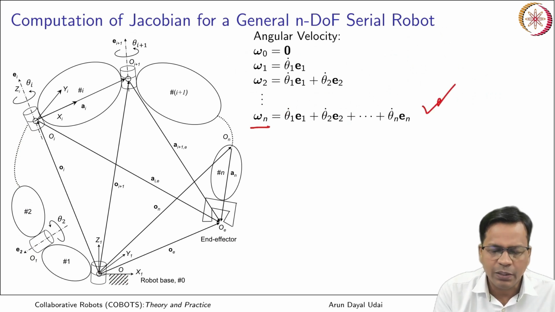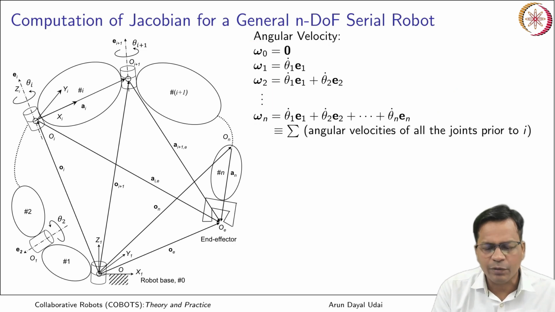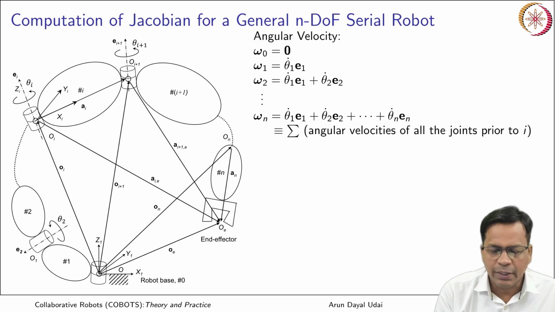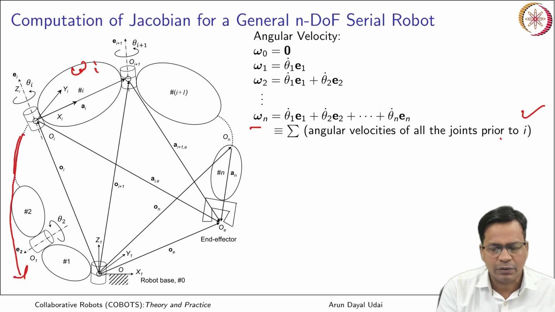So this is quite trivial for angular velocity case. For linear velocity, what you see here is angular velocity at the nth link will be equal to the angular velocities of all the joints prior to i. If it is for i angular velocity, it is due to the angular velocity of all the links that come prior to this, okay.